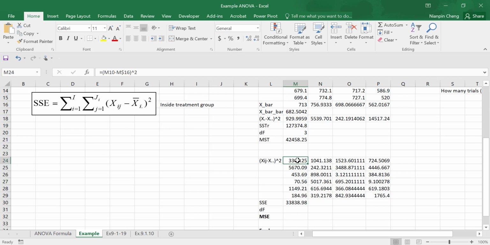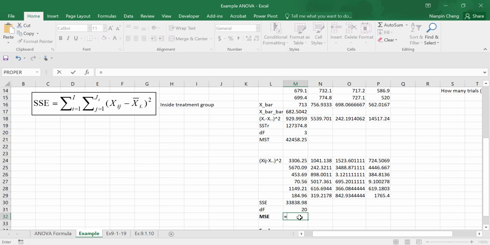For this one, since for each value we calculate the variation, we just add them together. Degree of freedom: within this group, the degree of freedom is 6 minus 1. And then I have 4 groups, 4 treatments, so multiply by 4. So this is the degree of freedom of this error part.